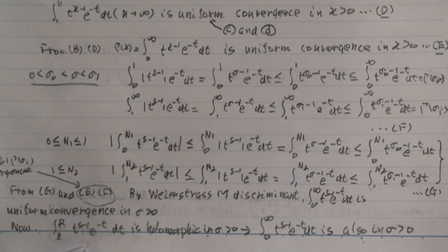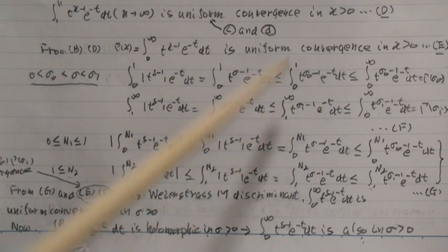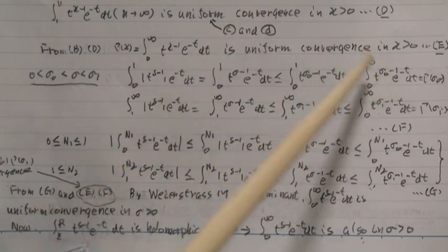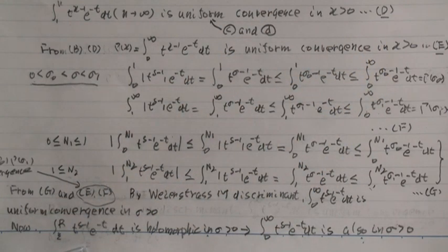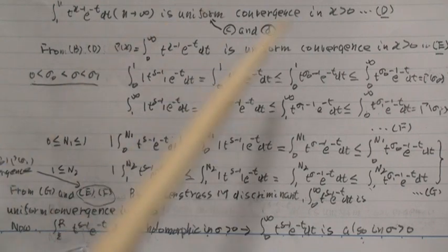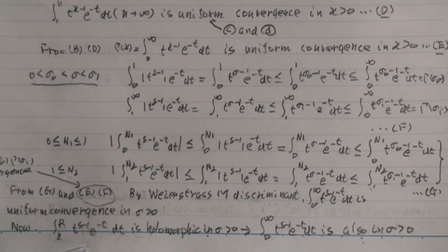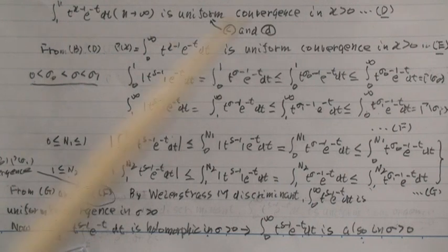Okay, and this value is less than or equal to the integral from 0 to infinity, which is Γ(σ₁). Okay, and point F.